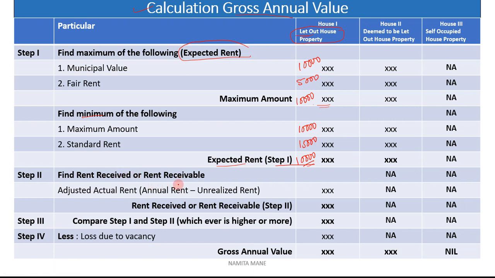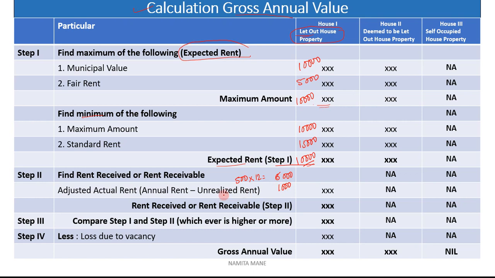For example, for annual rent, if the person is paying 500 rupees as monthly rent, 500 multiplied by 12 means 6,000 rupees. So annual rent is 6,000 rupees, and from this the tenant did not pay for 2 months. 500 multiplied by 2 is 1,000.